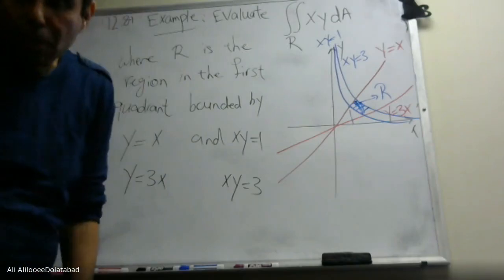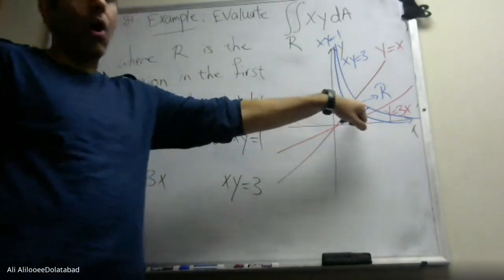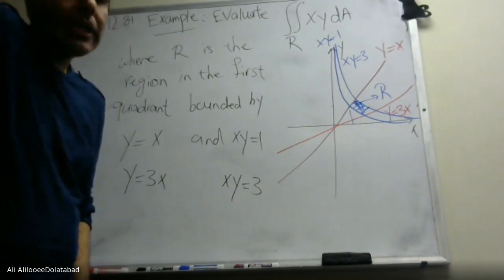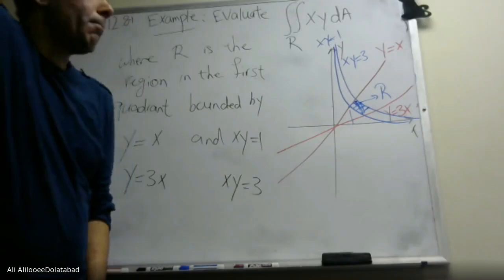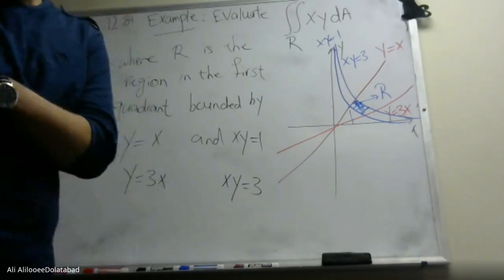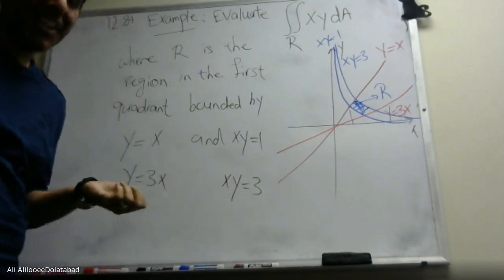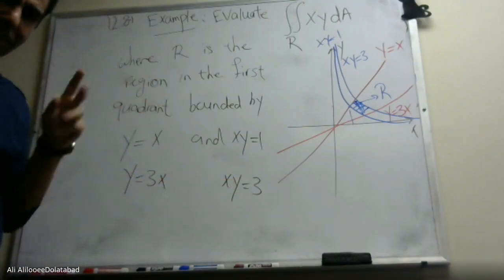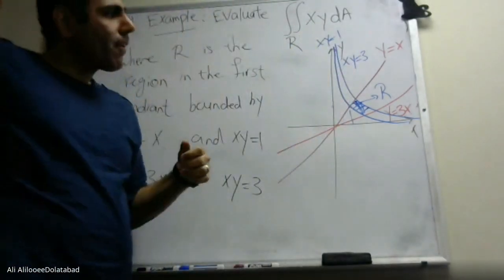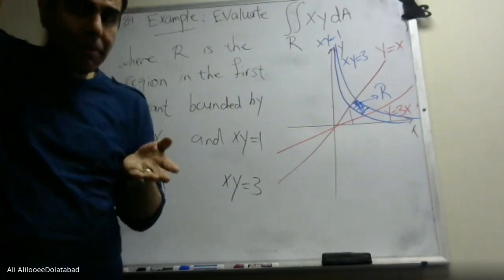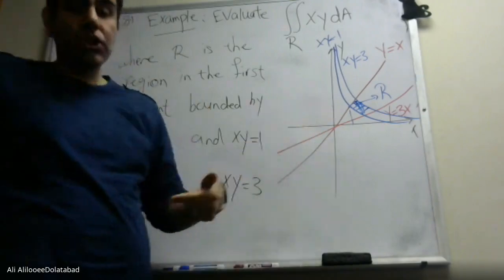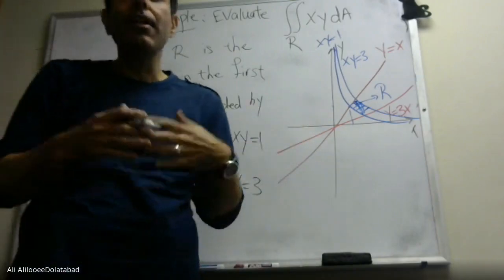So what is my goal? My goal is to integrate on R. As you can see, R is a very badly shaped region. It looks like a very strange region. When we have some kind of strange, badly shaped region, people prefer to use change of variable to make the region nicer. One reason that we use change of variable is because we want to integrate on a nice region.